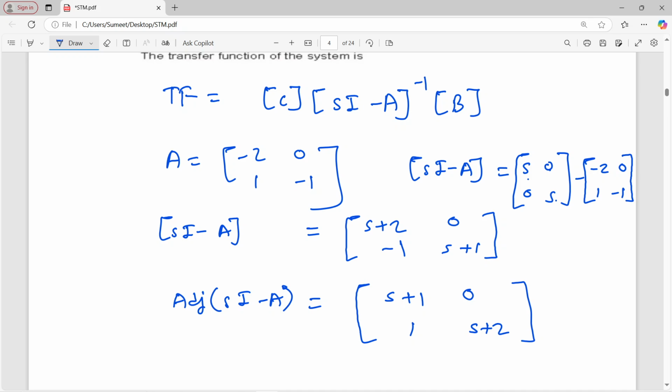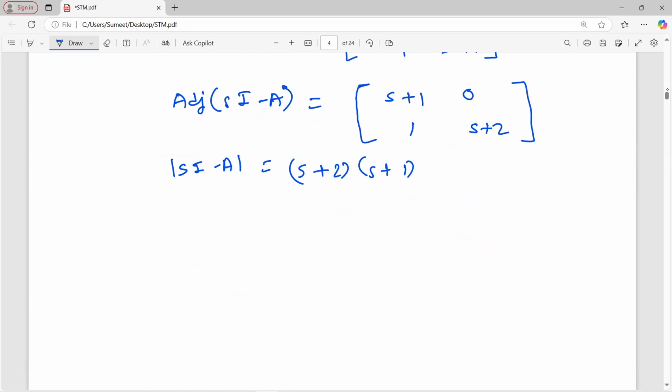Now the determinant of sI minus A. Be careful, the determinant we have to find for this matrix, not for the adjoint matrix. So the determinant will be (s plus 2) into (s plus 1) minus 0 into -1, which is 0. So the determinant is (s plus 2)(s plus 1). Now the inverse of any matrix is the adjoint matrix divided by the determinant.